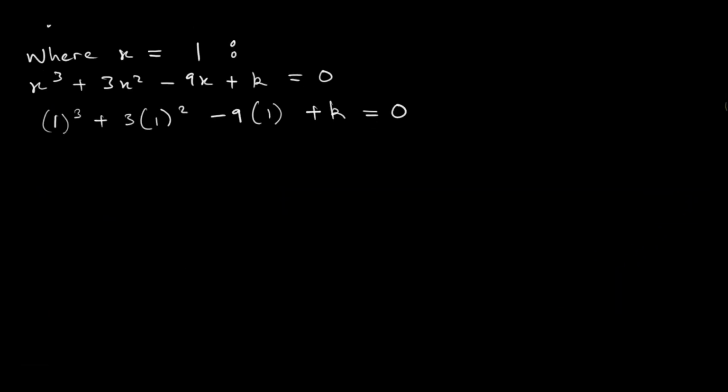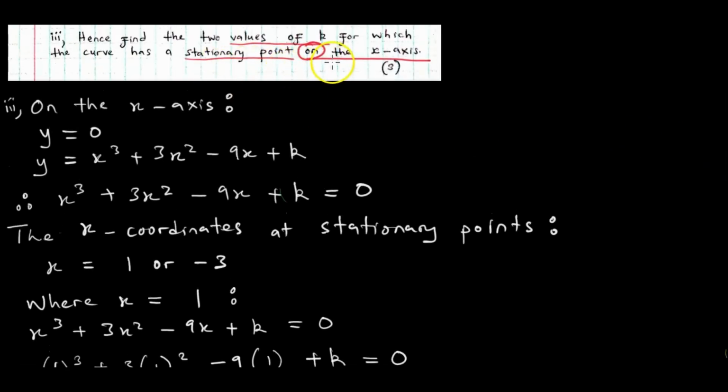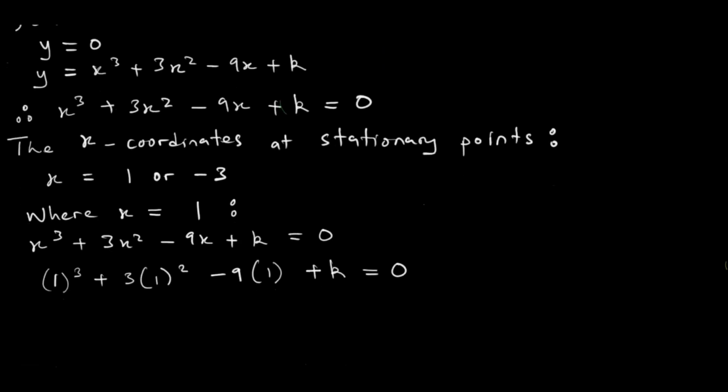Why have we done this? Because our question wants us to find k where the curve has a stationary point on the x-axis. So we are using what we found from part 2 to help us get our answer, and we are going to see k.